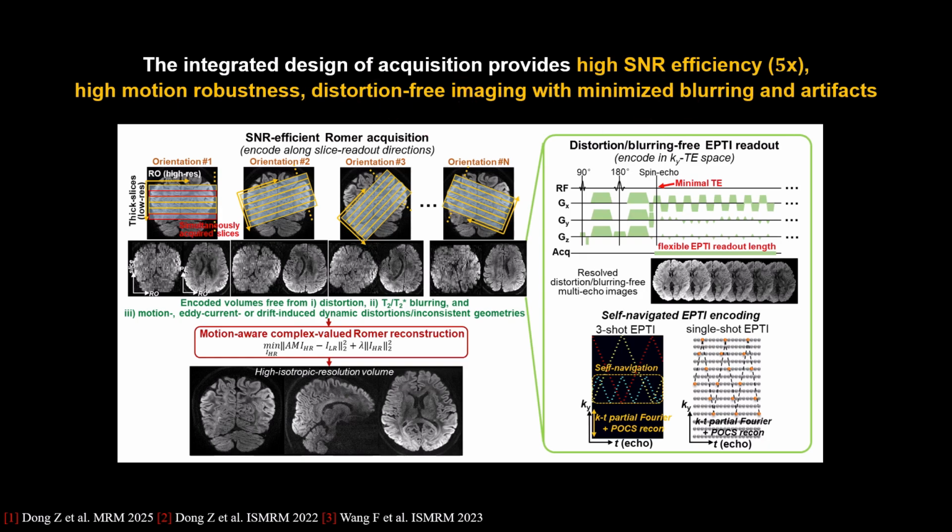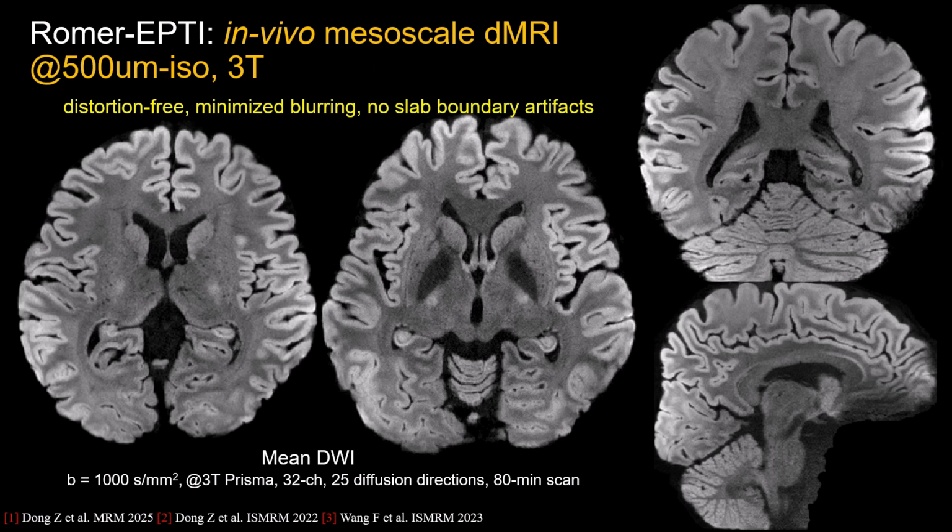With this comprehensive improvement, we are able to acquire this mesoscale diffusion data at 500 micron at 3T Prisma. It shows distortion-free images with minimized blurring, high data quality without any slab boundary artifacts, and we can appreciate detailed structures such as the layered hippocampus here.